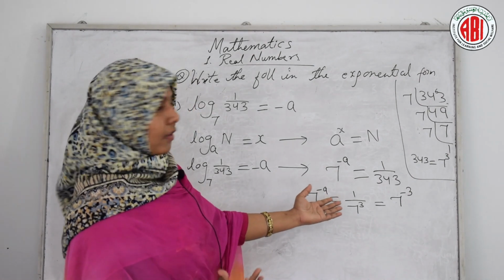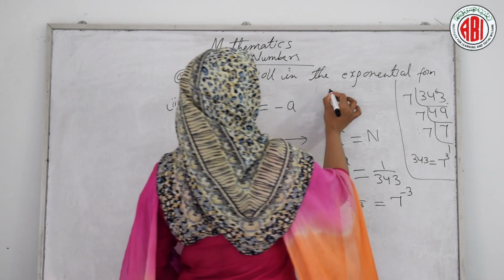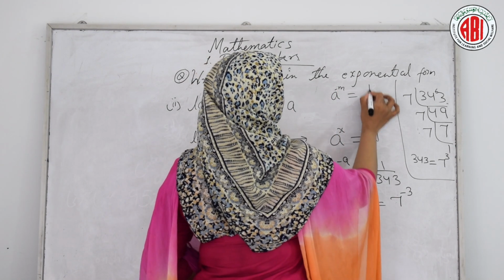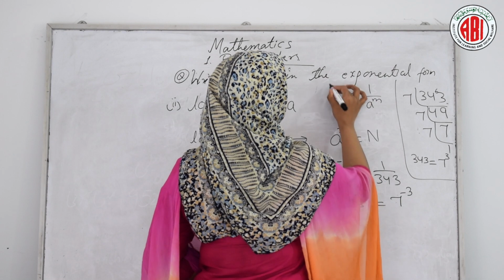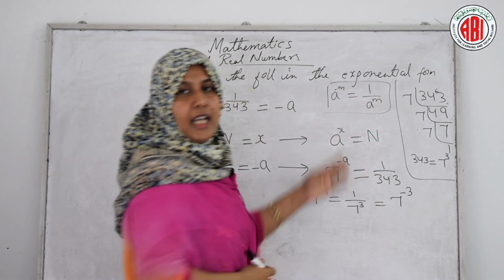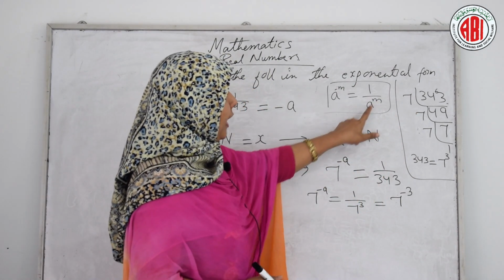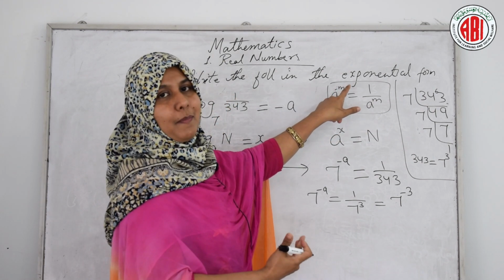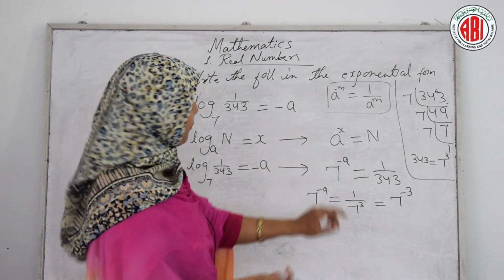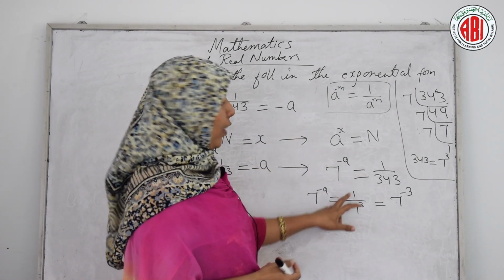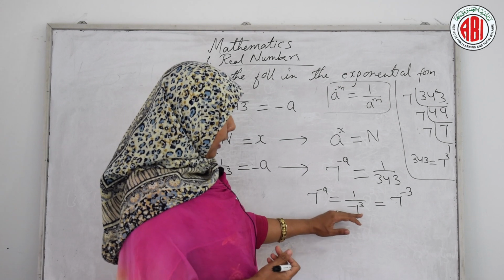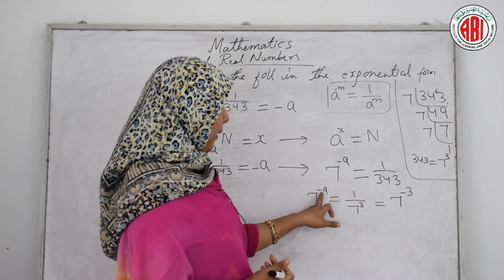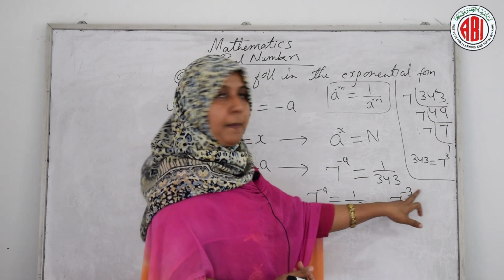Yes, because we have an exponential law: a power minus m is 1 by a power m. 1 by a power m we can also write as a power minus m. This law we are applying here. Got it? So 1 by 7 to the power 3 we can also write as 7 to the power minus 3. So 7 to the power minus a is equal to 7 to the power minus 3.